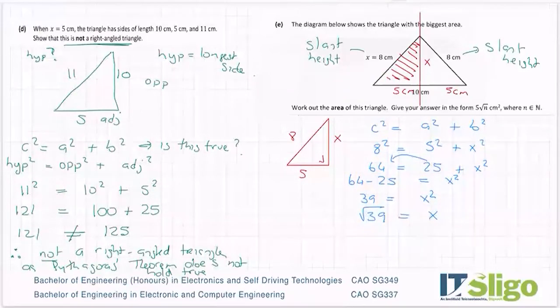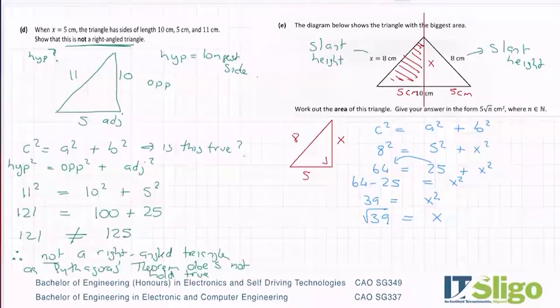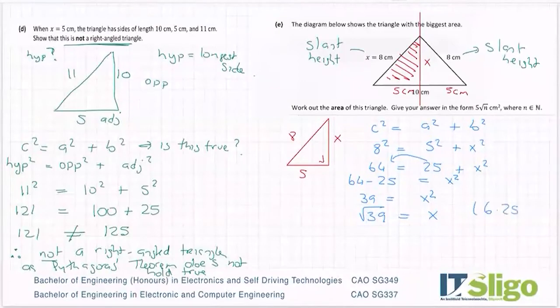Okay, and I'm not going to change it to a decimal because I can see here that they want surds in my answer. So the square root of 39 is 6.25 or thereabouts.